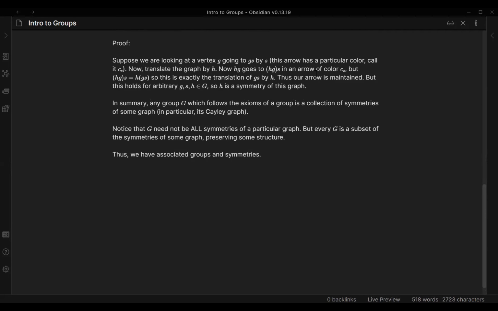And lastly, what I wanted to do is just look at some interesting examples of groups. We looked briefly at Z3, the integers mod 3 under addition.